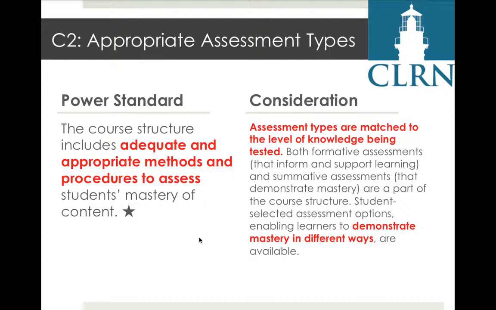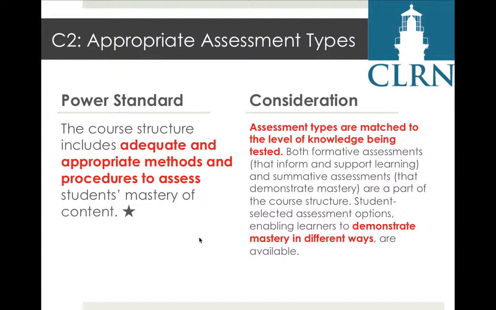So, an English language course that only uses multiple choice tests instead of writing to assess the writing standards would be poorly matched. We must stress that there's nothing wrong with multiple choice tests. Sometimes they're the best vehicle for the information being tested. Frequently you'll see them used for short formative assessments at the end of a lesson.